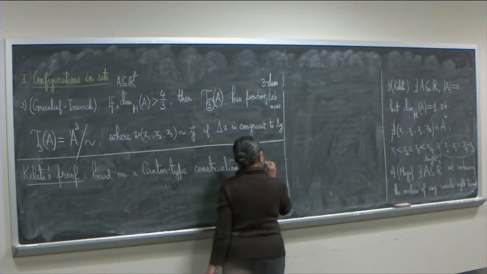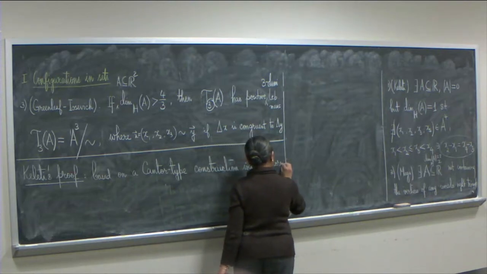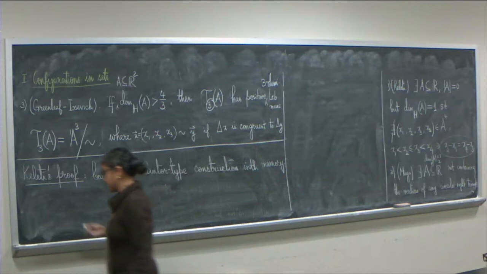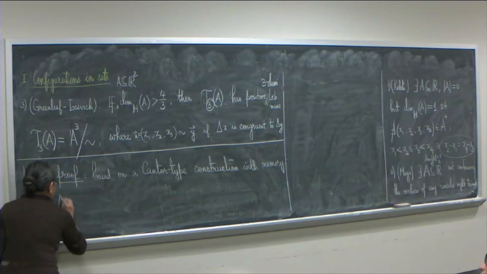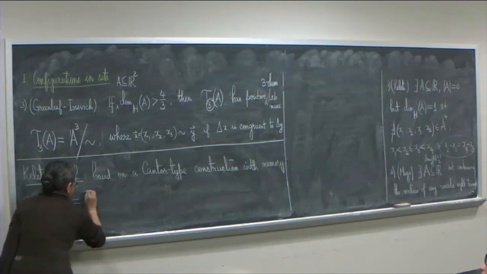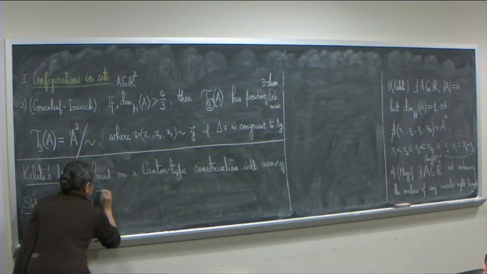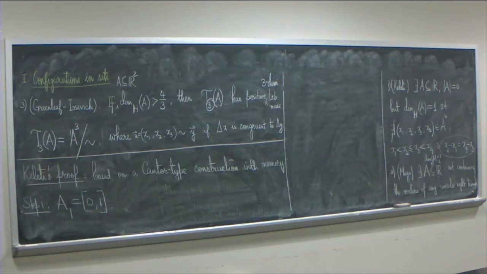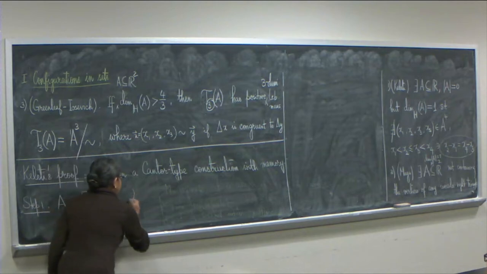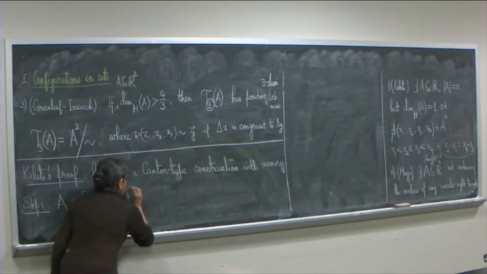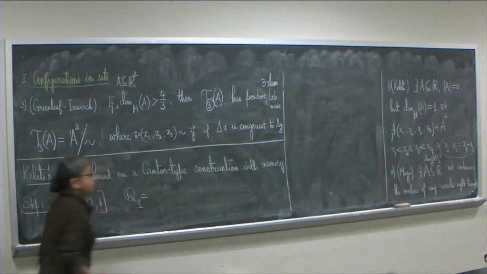I call it memory. This is not his nomenclature, but I'll explain why I call it a Cantor construction with memory. So in step 1, he starts with A1, which is the interval [0,1]. And at the same time, he starts up what I'm going to call a Q.